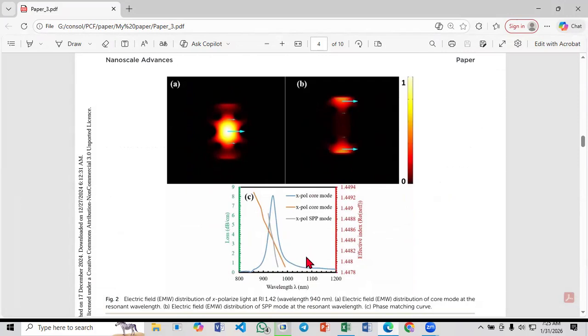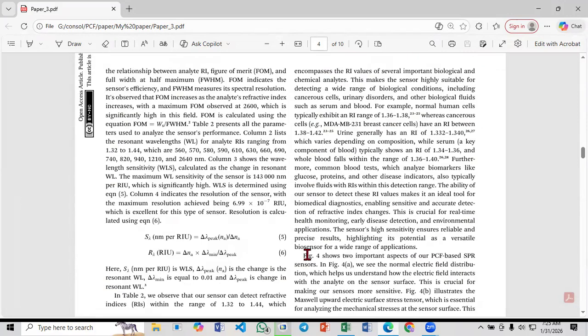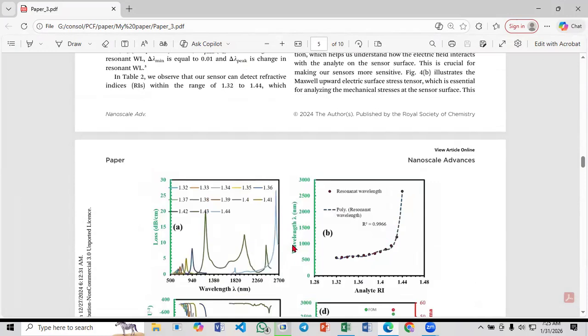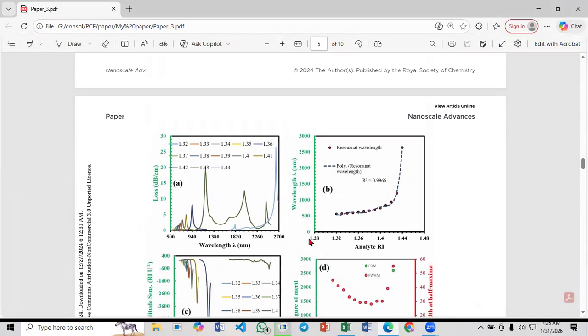So just stay with me. After that, day by day, we'll try to reproduce all the figures. But you know that it's very time consuming to reproduce all the figures, and it's kind of repetitive work.